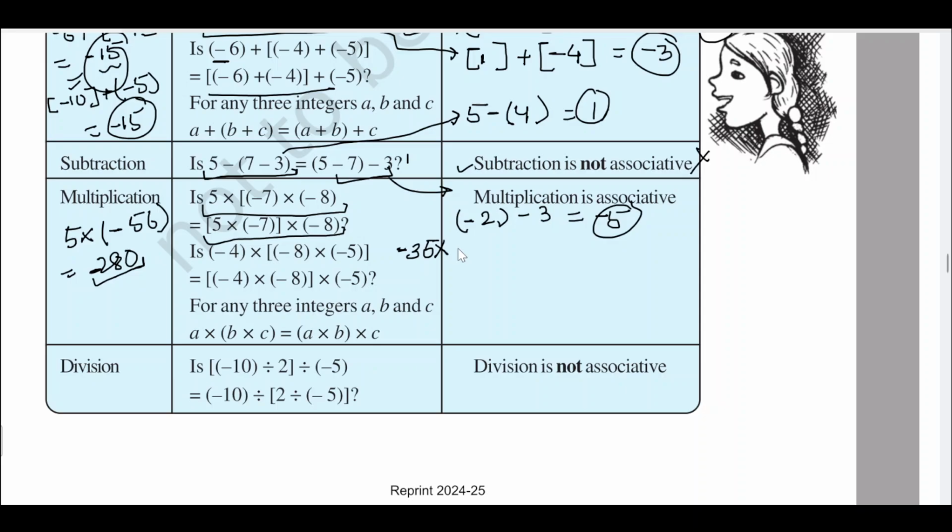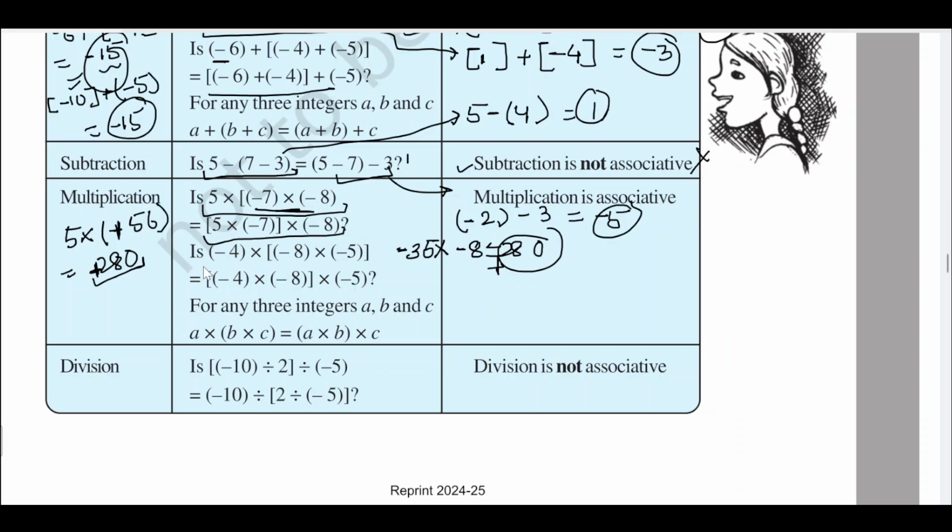Then minus 8. Okay, minus minus will be positive, 280. This side also we will get plus 280 because here inside the bracket this minus minus will cut out. Okay. So we are getting LHS is equal to RHS.